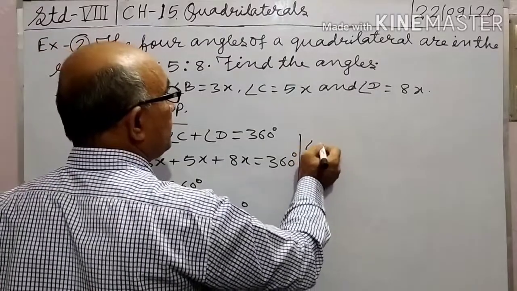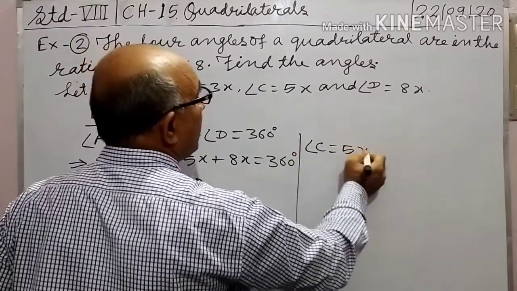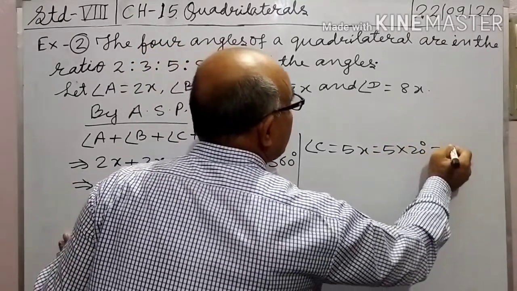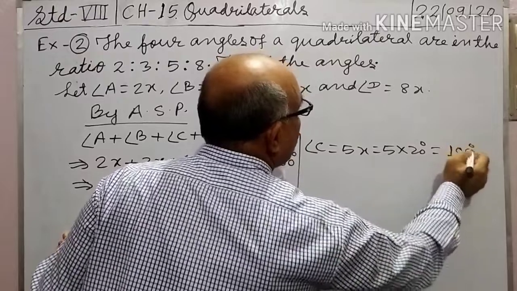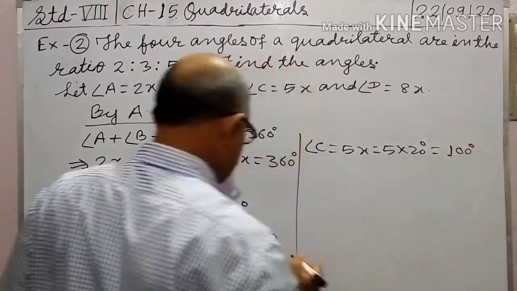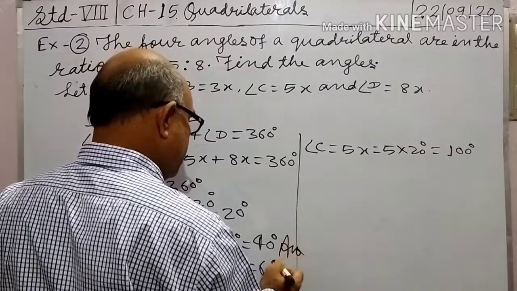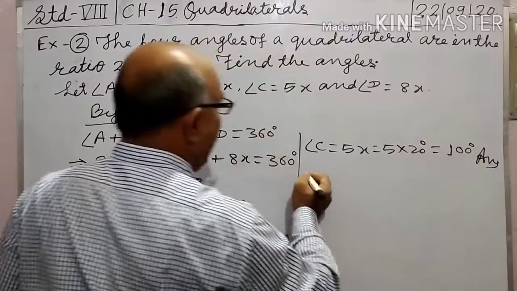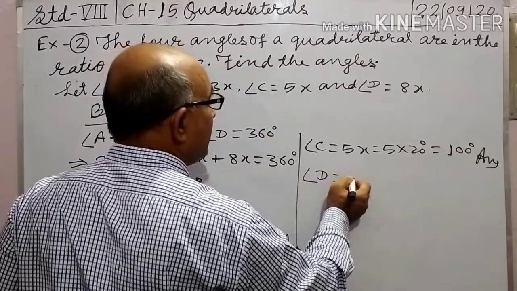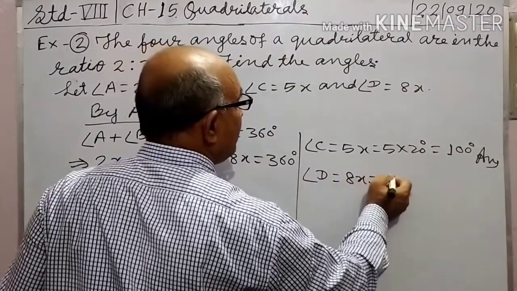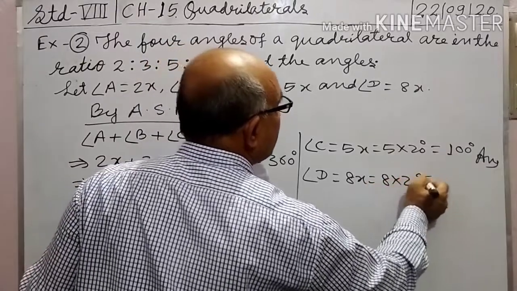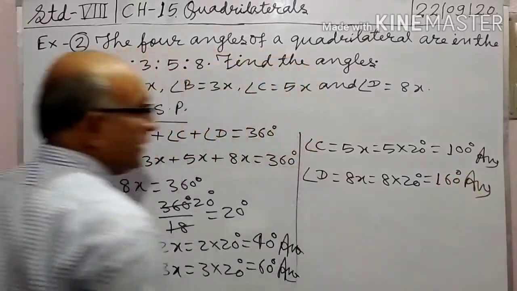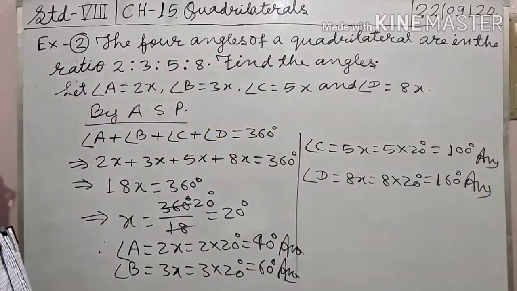Now angle C equals 5x, equals 5 into 20 degrees, equals 100 degrees. And angle D equals 8x, that means 8 into 20 degrees, equals 160 degrees. Answer. Students, understand and write it.